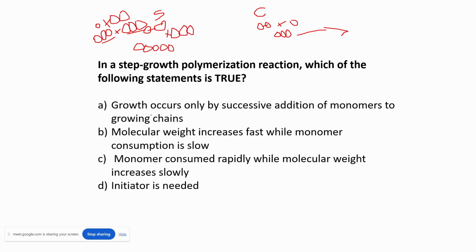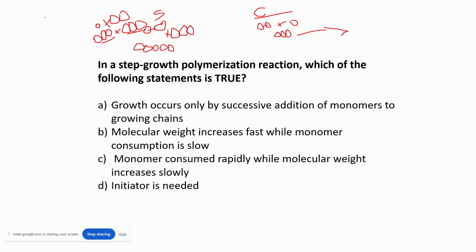Here the growth occurs only by successive addition of monomers to growing chains. This is basically chain reaction and not step reaction. And molecular weight increases fast while monomer consumption is slow. So molecular weight is increasing fast here in chain reaction, because from 3 units to 4 units, it is getting bigger and bigger at every step.